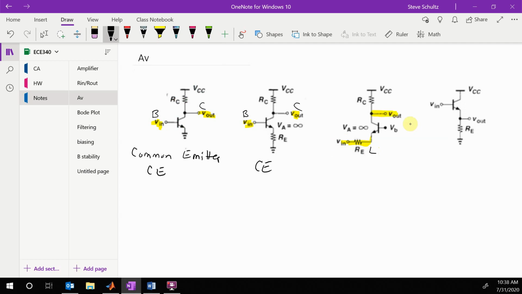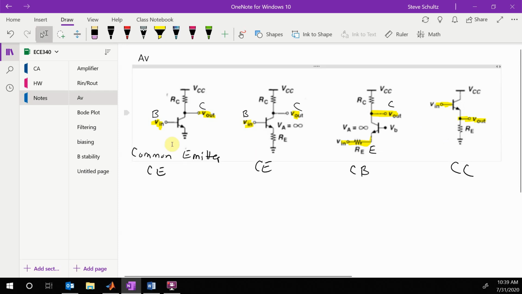So this one has an emitter connection and a collector connection. So this one is going to be called a common base. This one has a base and this one has an emitter. So this one is going to be called a common collector.